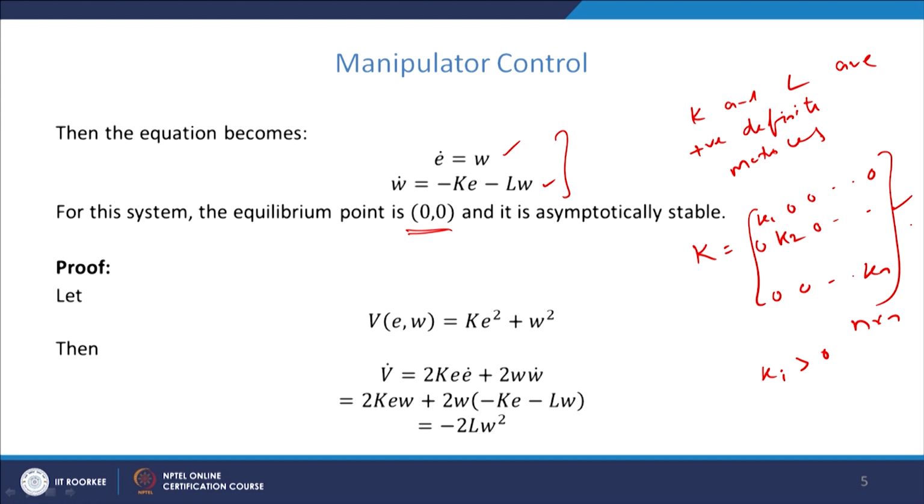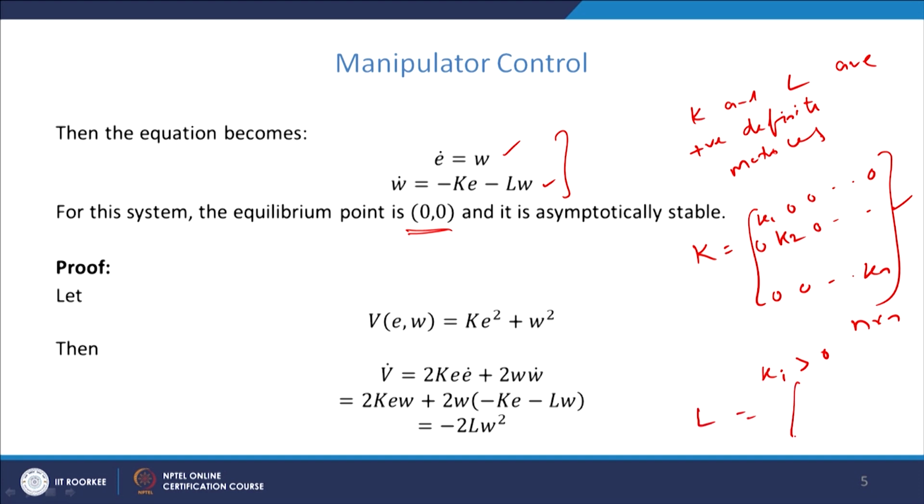This is an example of a positive definite matrix, and it will be very useful in this type of control problems. A positive definite matrix is defined as a matrix whose eigenvalues are all positive. So, it need not always be a diagonal matrix, but here we can select this K to be like this.